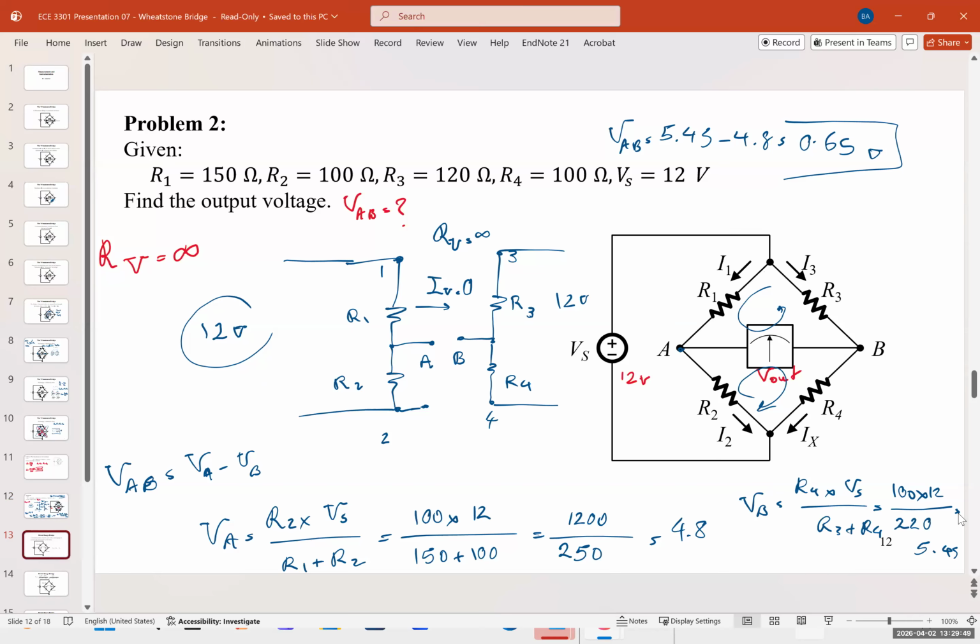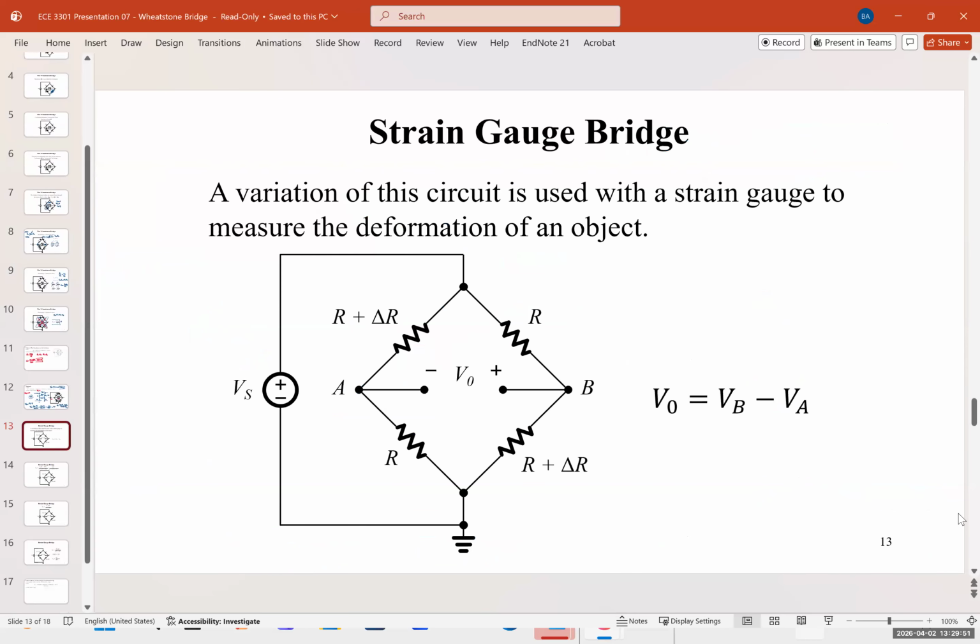No? Let's go to the strain gauge bridge. Now, the purpose of the Wheatstone bridge is to use it as a strain gauge, usually to measure pressure or strain in a system. So a variation of this circuit is used with a strain gauge to measure the deformation of an object.